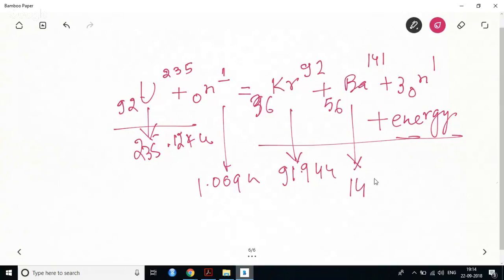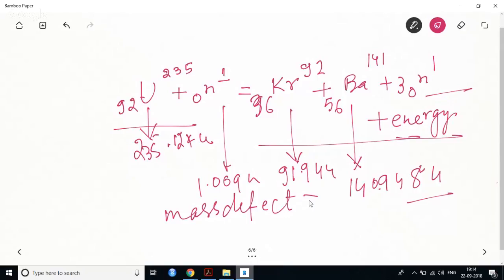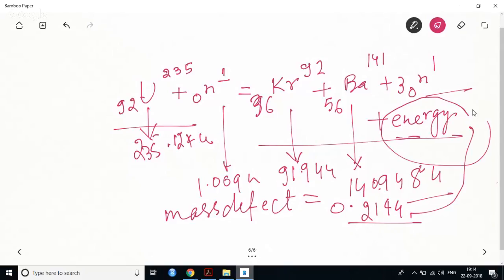Try to understand. Mass of barium is 140.948 units, as simple as that. And you add 3 neutrons, there would be mass defect. If you calculate the mass of both sides, there would be a mass defect of 0.214 units, and due to this mass defect, a large amount of energy would be produced here.